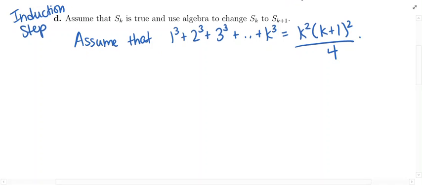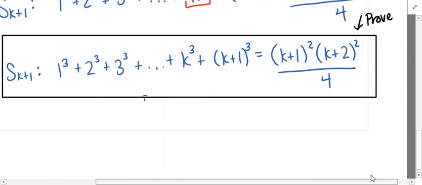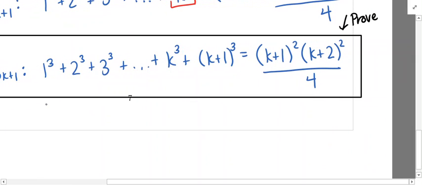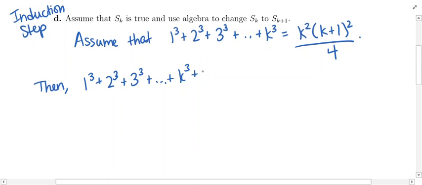The way we do this, let's go back to the statement we have to prove. We are going to start by writing down the left side of the equation. So we're going to say then 1 cubed plus 2 cubed plus 3 cubed plus all the way to k cubed plus k plus 1 cubed.